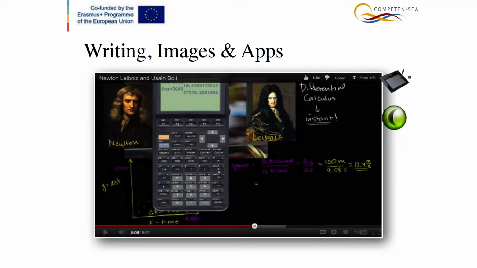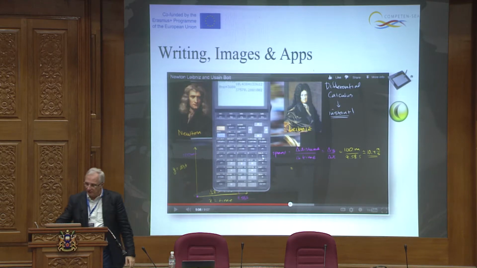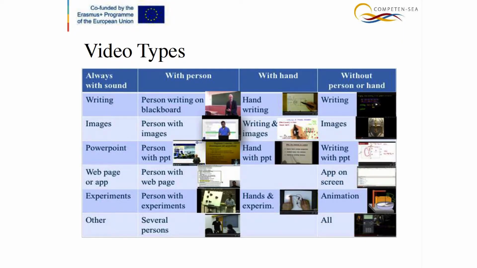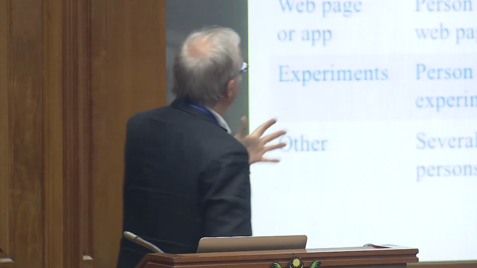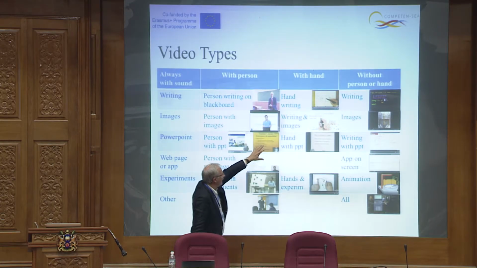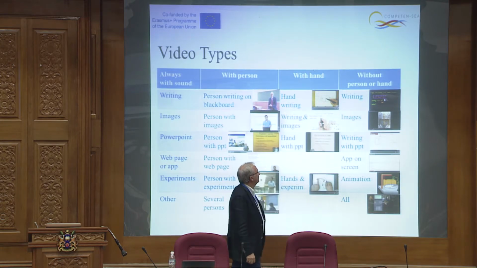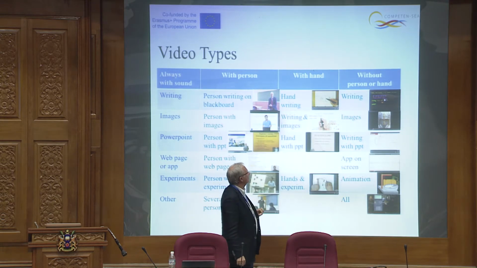In this one, we have the writing, we have the images, and we can also add some apps to do some calculations, etc. So, this is a collection of possibilities. Probably there are many more, but basically you see the person, the hand, and I think this is one of the more interesting ones, because it focuses the attention on particular points.